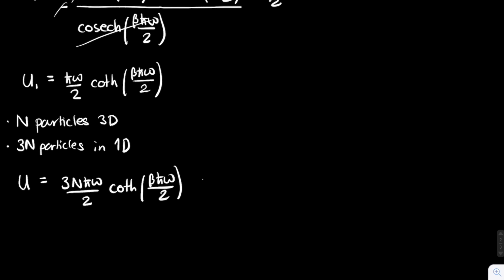And of course you could write this in terms of the Einstein temperature as well. That's (3/2)Nħω coth(θ_E/2T), simply using the definition of the Einstein temperature. So we've got the internal energy for all of the particles, which is brilliant.